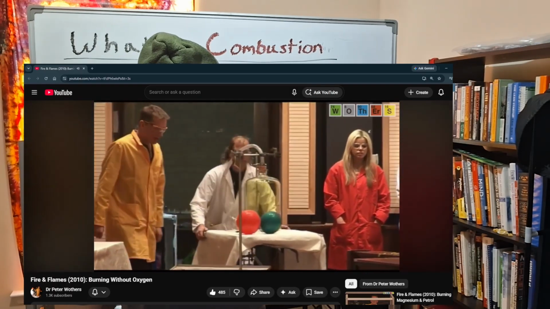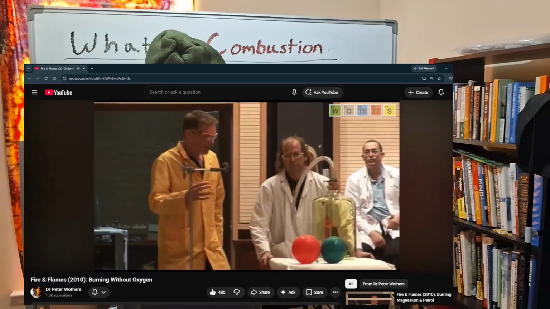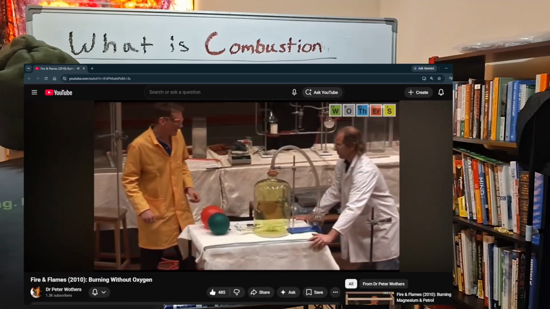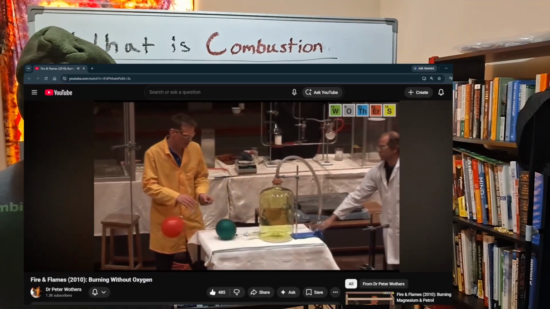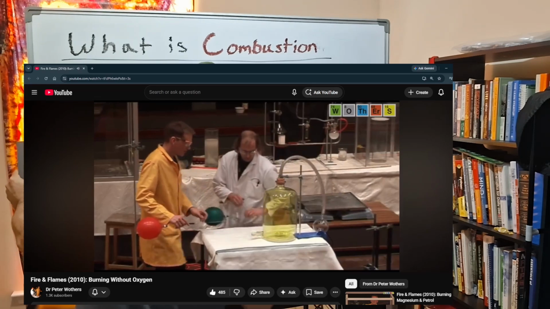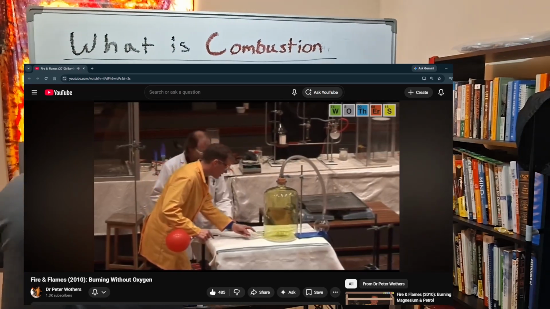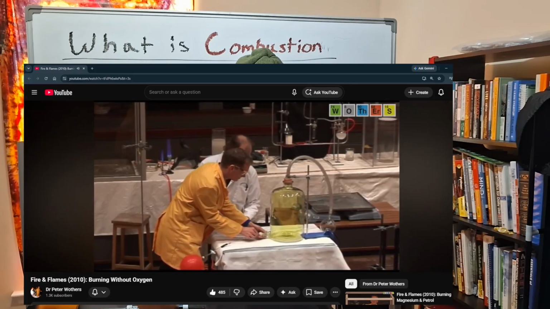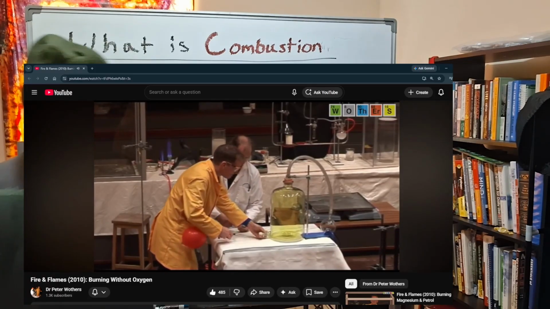Now, this time the hydrogen doesn't burn all by itself, it needs something to start it, so we're going to use some acetylene, some of the ethine, to start the reaction. So this balloon has the acetylene in, yes? Yes, please. And this balloon has the hydrogen. So I'm going to put the hydrogen balloon into the chlorine.